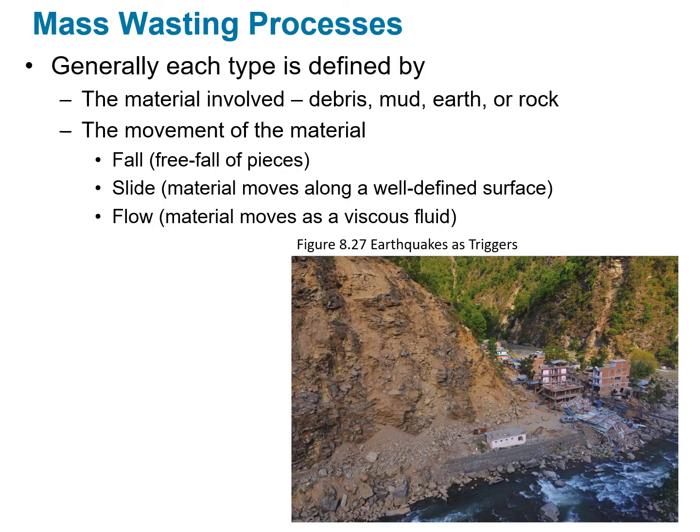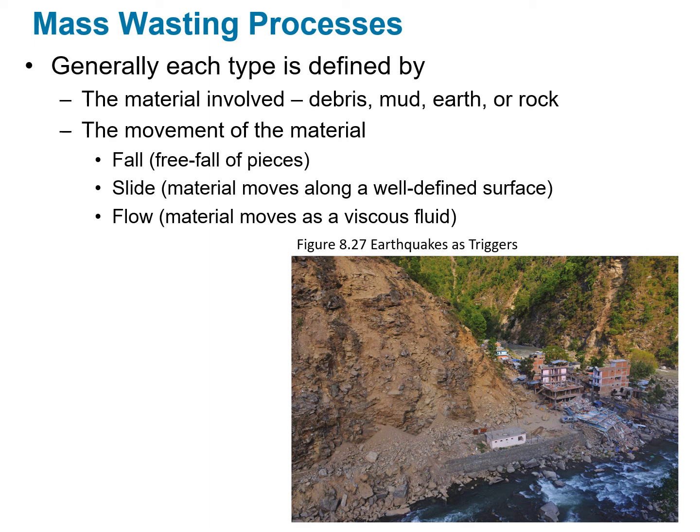Okay, so mass wasting processes are defined by the material that's moving, whether it's debris, mud saturated in water, earth or rock, and also by how the material moves. Is it a free fall of rock pieces down a slope?